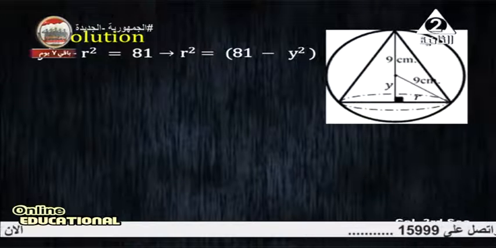Then r to the power 2 equals 81 minus y to the power 2. What is the length of the height of the circular cone? The height of the cone is 9 plus y. Then h equals 9 plus y.